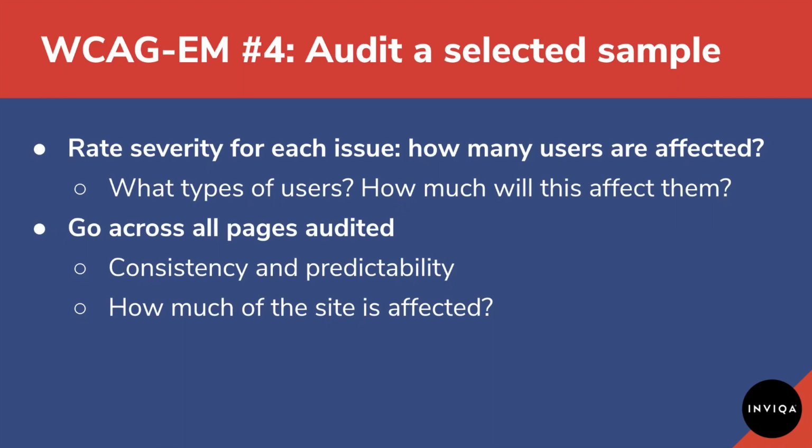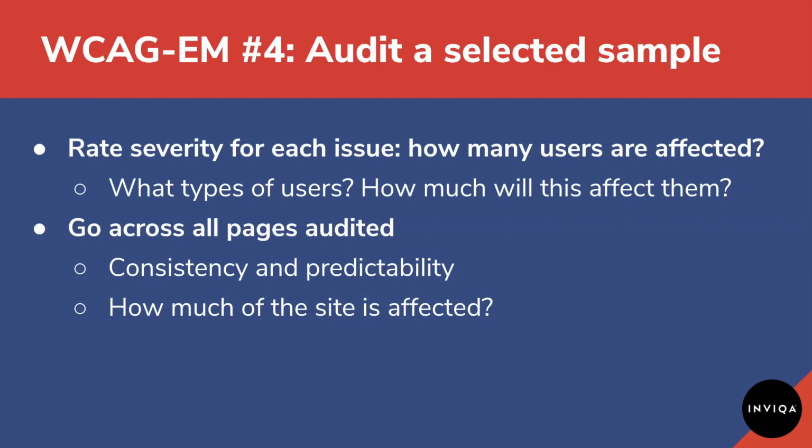And then I think about the scope and severity, which is how much this will affect them. Because the goal of this audit is to provide an actionable list of issues and fixes for them that are crucial for progress in the development work on this web page, for example. So unfortunately we cannot fix everything at once, and we need to prioritize.